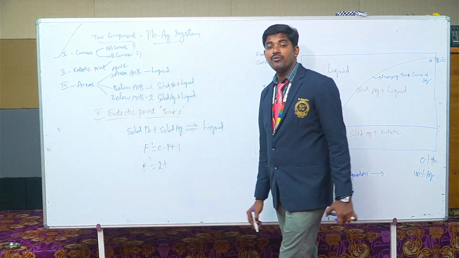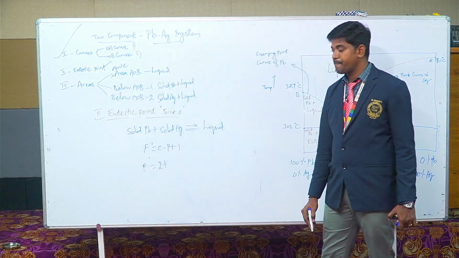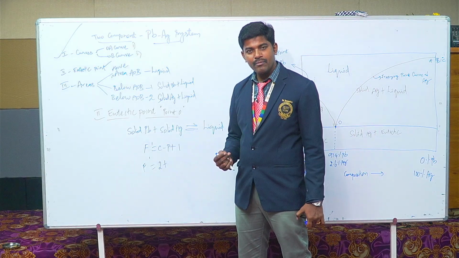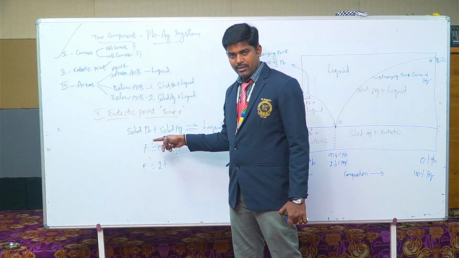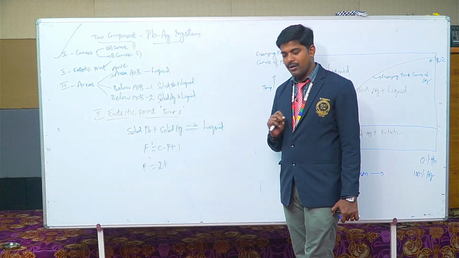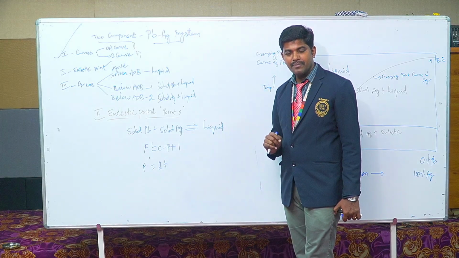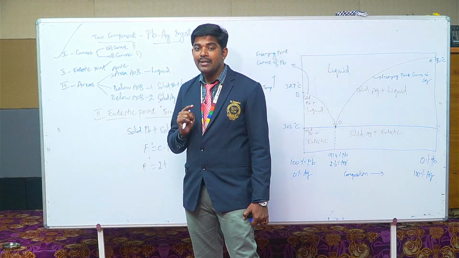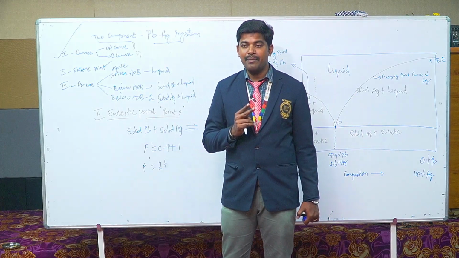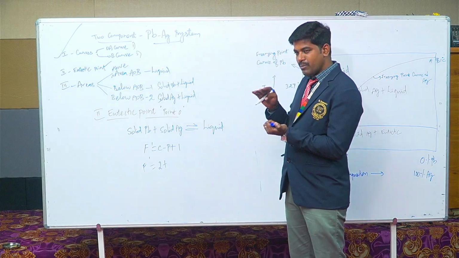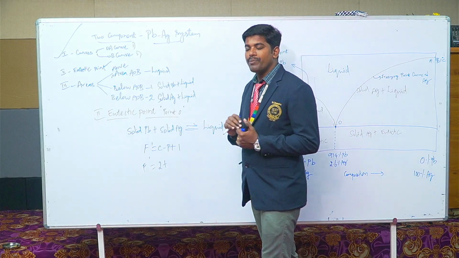Now we need to find the phases. How many phases? Liquid, solid. How many is it? 2 solids and 1 liquid. Earlier I already told you, if 2 different solids are there, you need to consider 2 different phases, because solids are immiscible at normal room temperature.